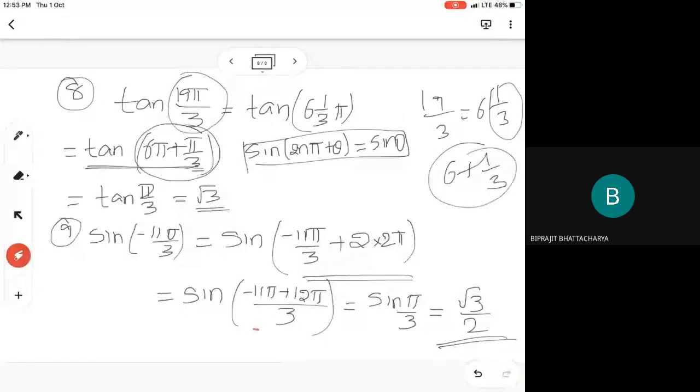Then you have to simplify this. How will you simplify? Take by 1. If you take the by 1, is it visible to you clearly?